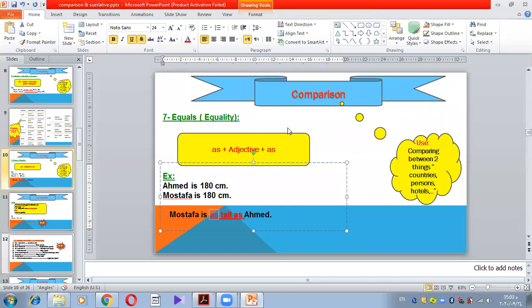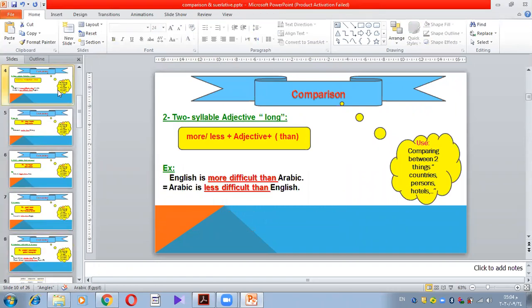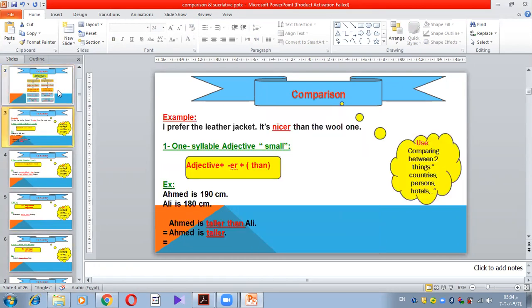Now, we said that's equal. Okay, if I want to get back to the first rule, do you remember? Okay, our first one, yes, that's it. Ahmed is 190 centimeters, or Ali is 180 centimeters, okay? Can I use as here? You are gonna tell me no, they are not equal. I'm gonna tell you yes, we can use it. How can we use it?